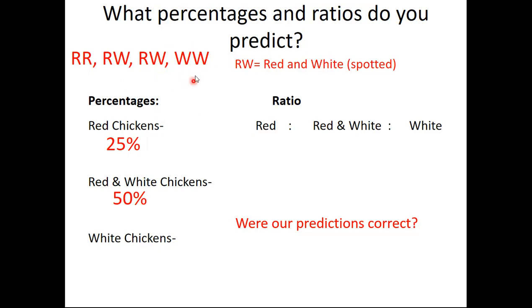And then 1 of the 4 is white, and that's 25%. If we were to write this out in a ratio, we would have 1 red to 2 red and whites to 1 white. So go ahead and run it on the gizmo and see if our predictions are correct. I expect that you get some percentages that are pretty close to 25%, 50%, and 25%.